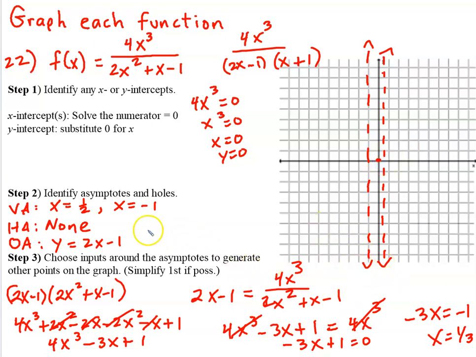Okay, so let's sketch out the oblique. So here's -1, and then a slope of +2, up to the right 1.